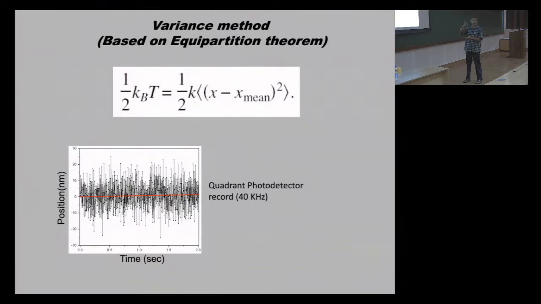Okay, that's assuming that force is equal to kx, the energy will be half kx square, and you equate these, and there you are. So this is your trap stiffness, and this quantity you are measuring because of this fluctuation. You can measure the variance.